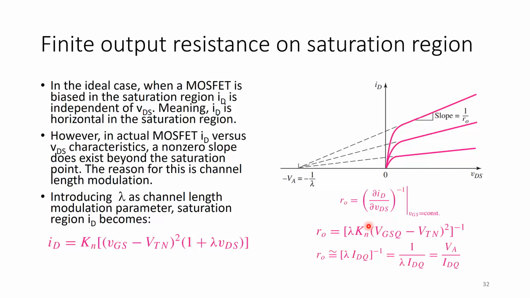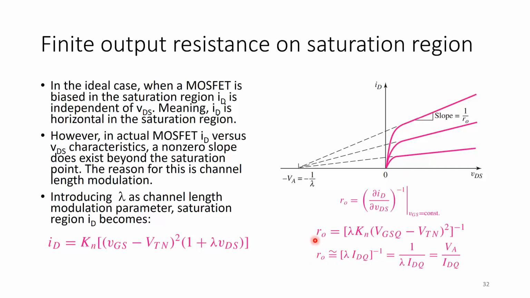If you differentiate this expression and invert it, this is what you're going to have: R out equals 1 over lambda Kn (VGS minus VTN) squared. VGS is the Q point that we are going to operate at, the point that we are interested in.